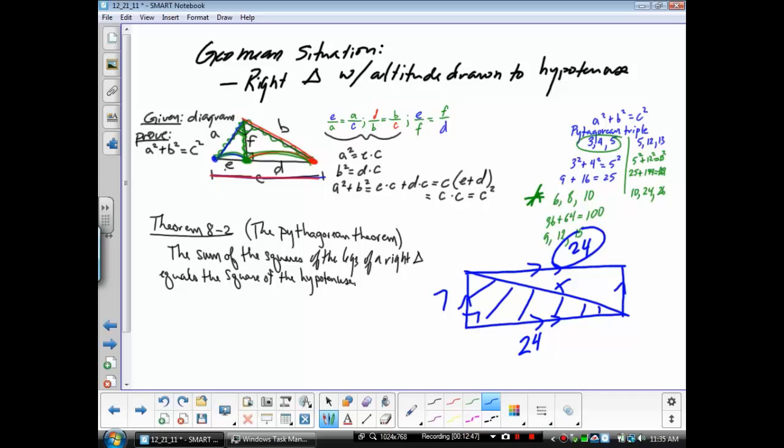So we can use Pythagorean theorem. You have to have a right triangle to use Pythagorean theorem, which means the legs are 7 and 24. Notice the legs form the right angle. When you have a right triangle, the legs have to be shorter than the hypotenuse, and the legs form the right angle.